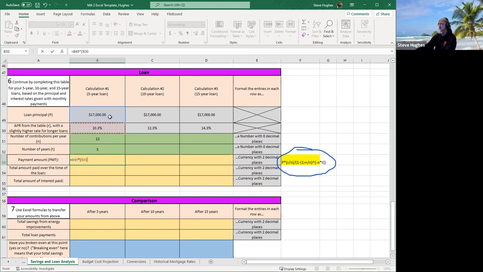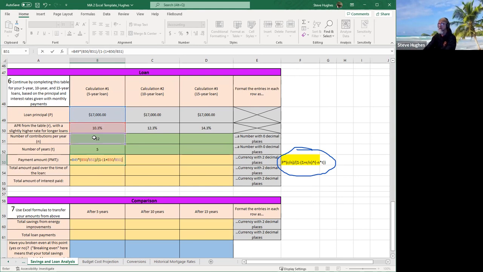And then the forward slash, and then N, which is B51, close parentheses, forward slash, which is divide, open parentheses, 1 minus, open parentheses, 1 plus R divided by N again. R divided by N. All right, close parentheses.